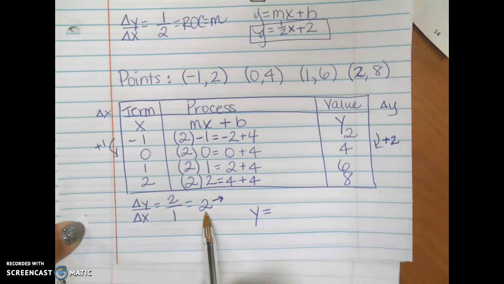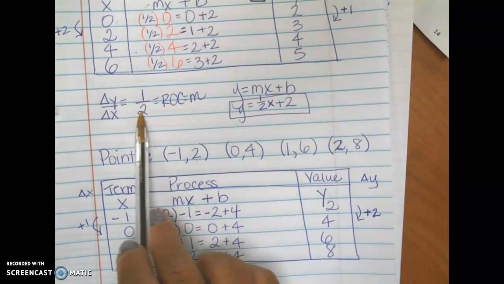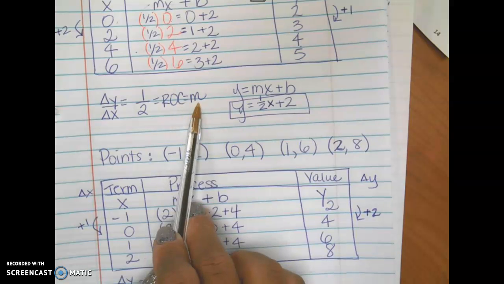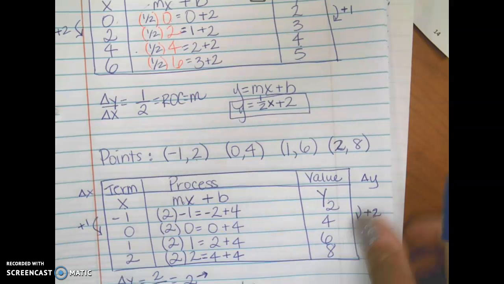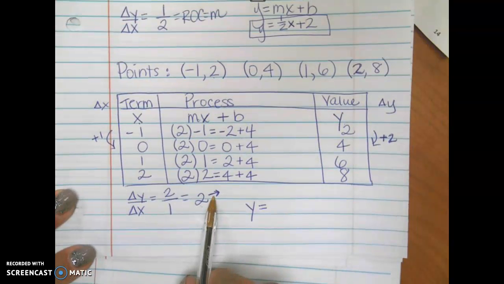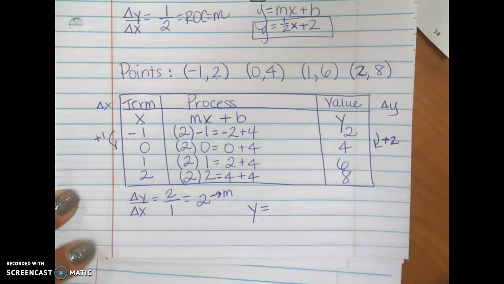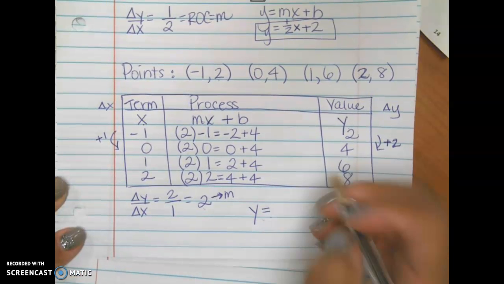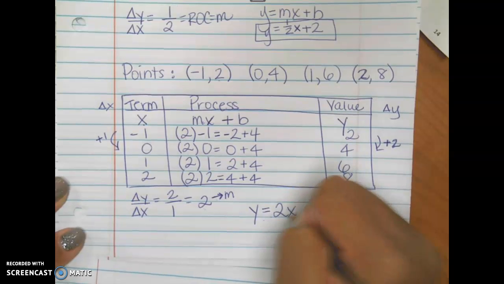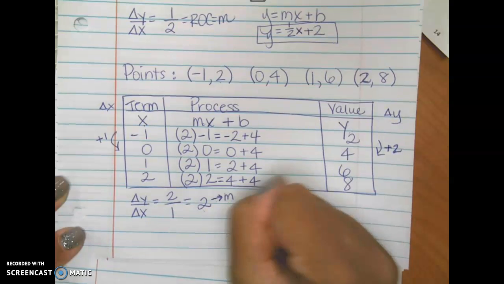It's the coefficient in front of the x, which is also m. So y equals 2x plus 4. There is my equation.